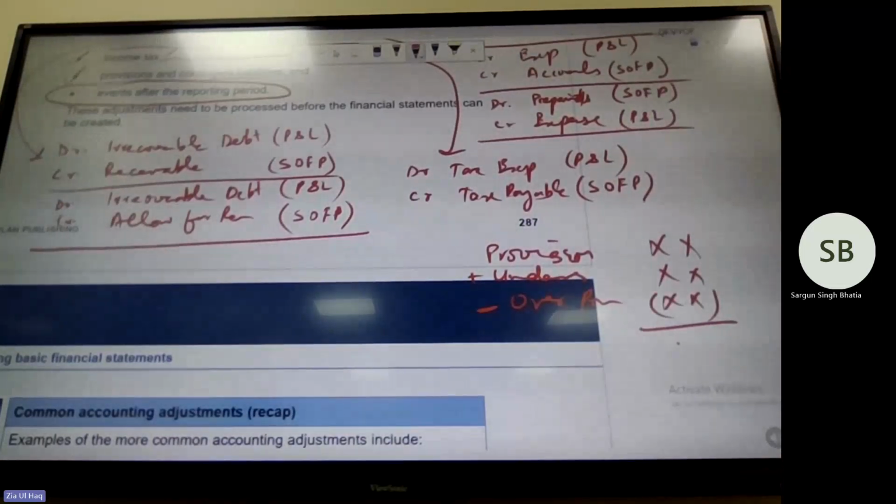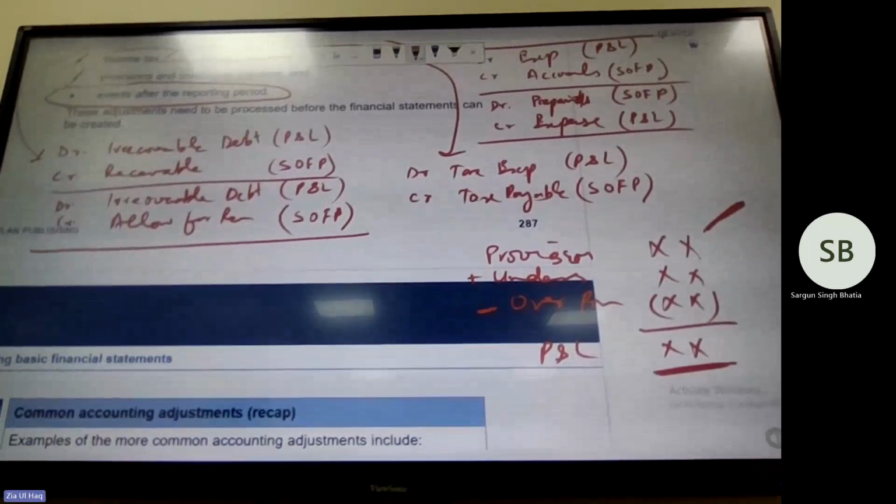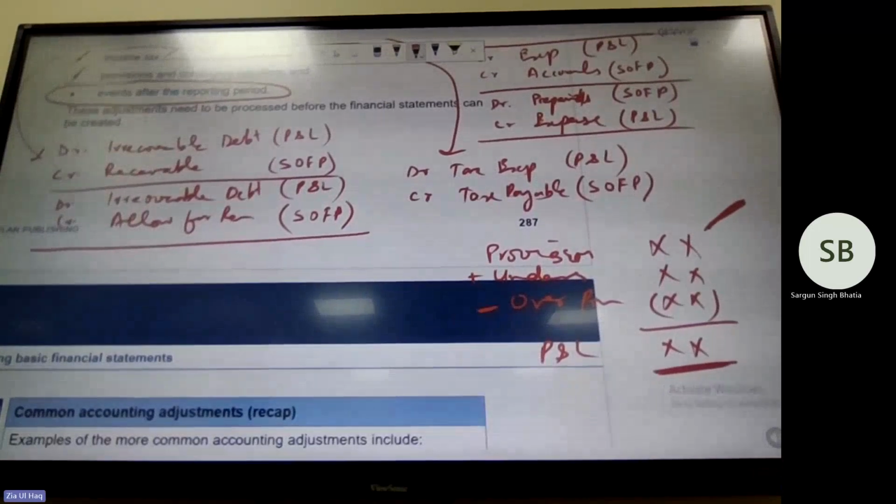We will then have the profit and loss account figure. On the liability side, we will record the current year provision only, the current year tax. But in P&L, to the current year tax provision, if there is any under provision, we will add; if there is any over provision, we will subtract. And this under or over provision relates to the previous year provision.